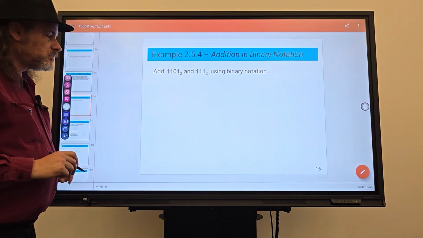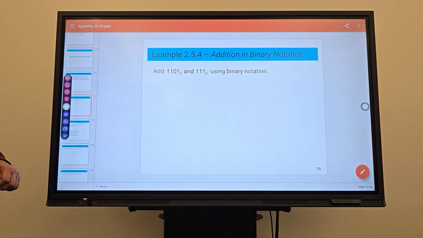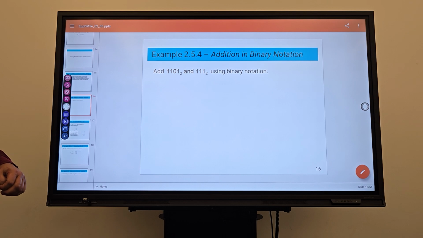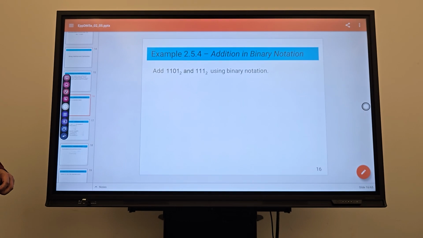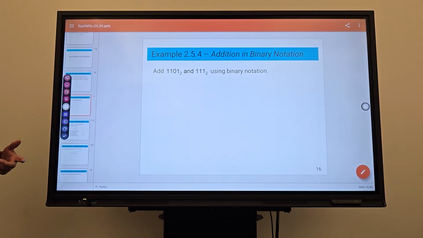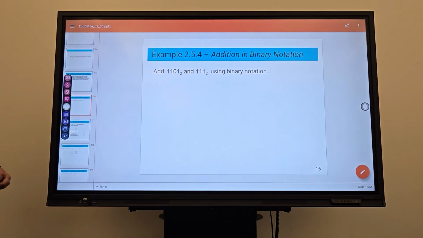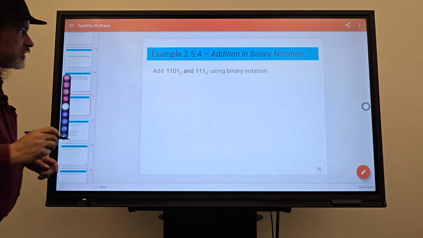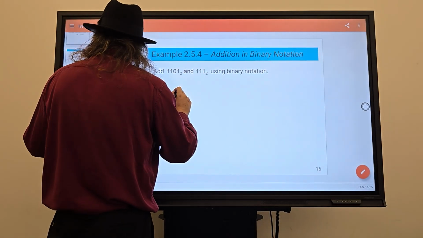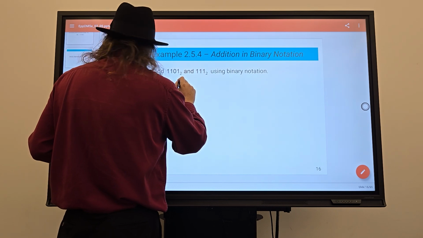You add together. If it goes to 2 or over, you put a 0 or a 1 in the case of a 3, and carry the 1. So 1, come on.